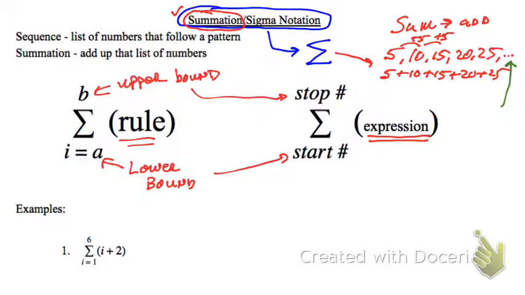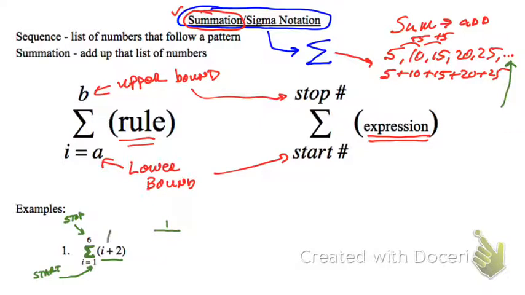So let's look at number 1. The way you read this is, you would say the sum, that's what that little fancy E makes you say, the sum from i equals 1 to 6 of i plus 2. This means we start at 1 and we're going to stop at 6. That doesn't mean 1 plus 2 plus 3 plus 4 plus 5 plus 6. What that means is you plug in a 1.